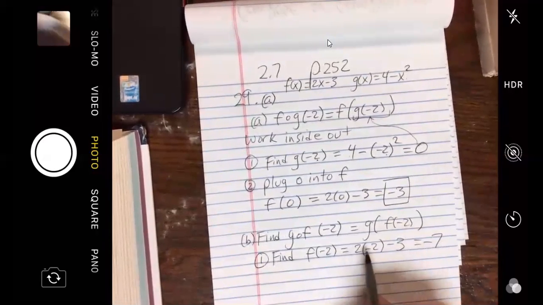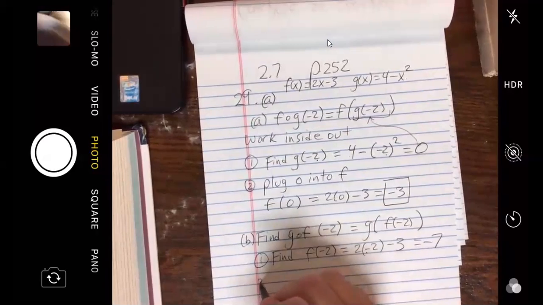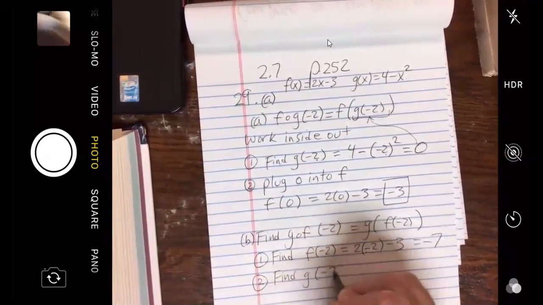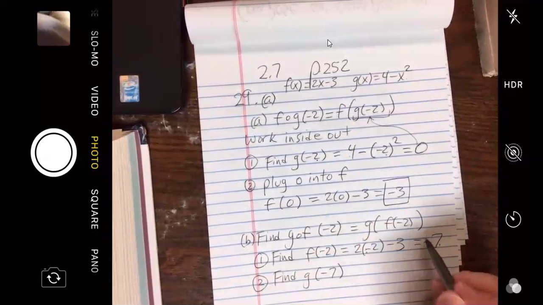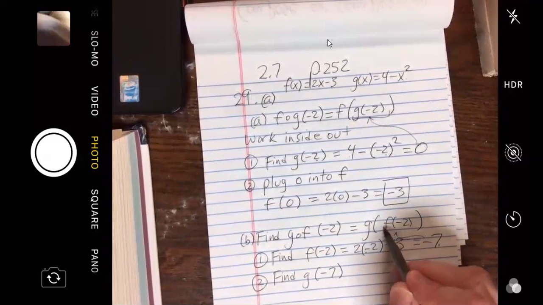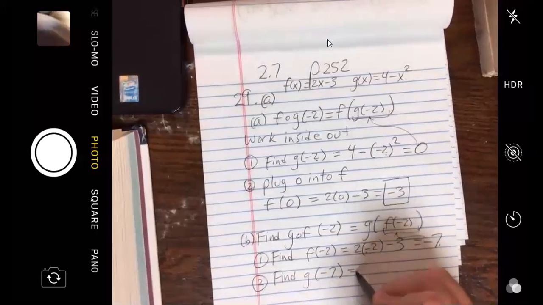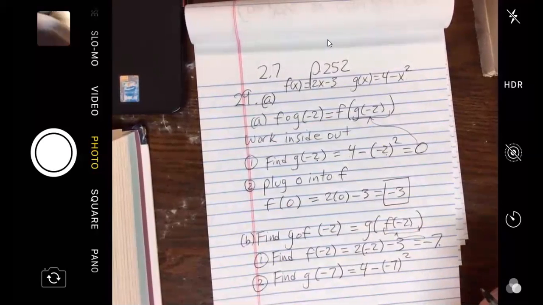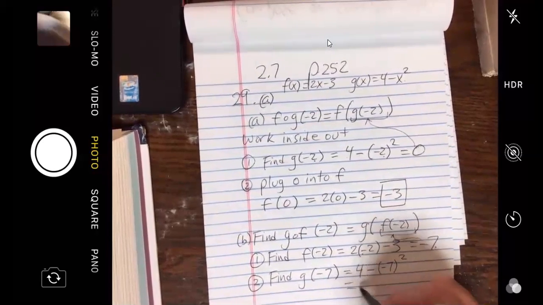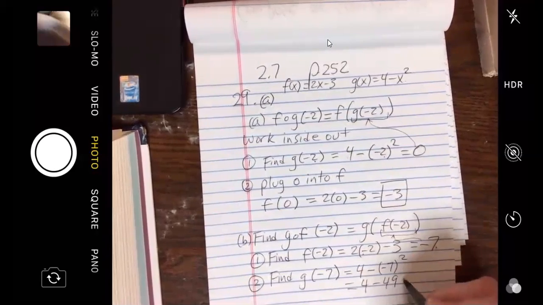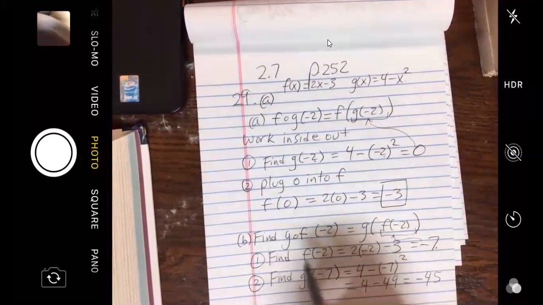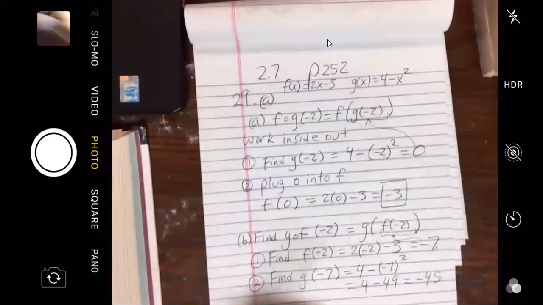Negative 4 here, minus 3, negative 7. Number 2, find g of negative 7, because you're plugging negative 7 in here. That's going to give you 4 minus a negative 7 squared. That's going to give you 4 minus 49, negative 45. So yes, the order you do these things changes the answer.